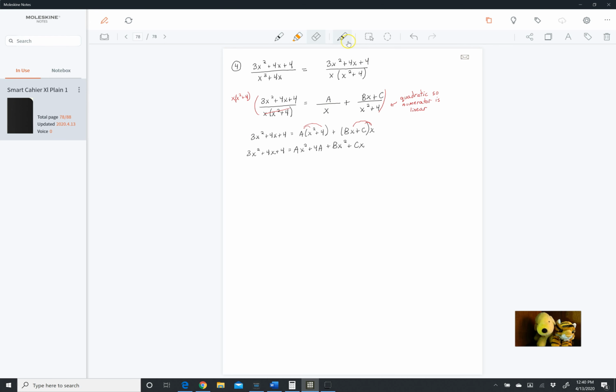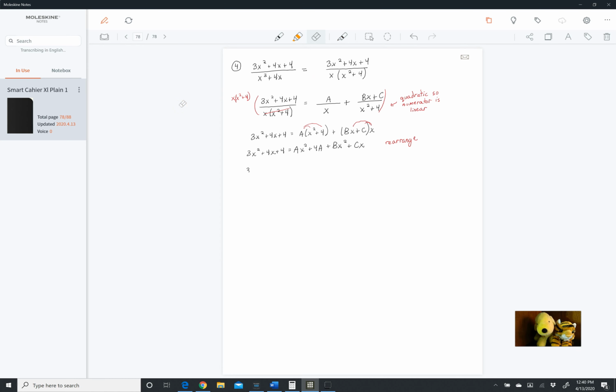Now we can rearrange, okay? We want to rearrange it so our exponents are going down, and so that we combine like terms. So the a and the b are going to be grouped together.